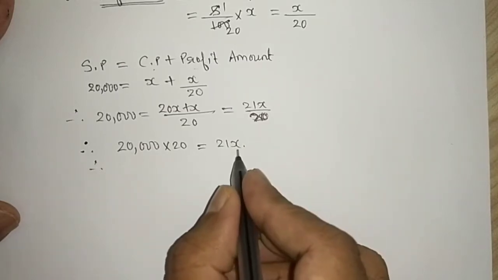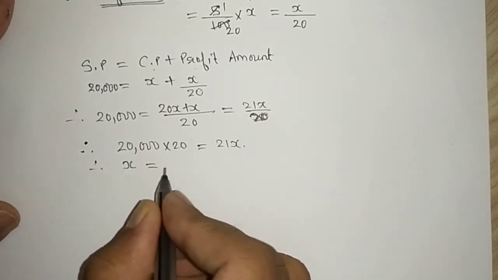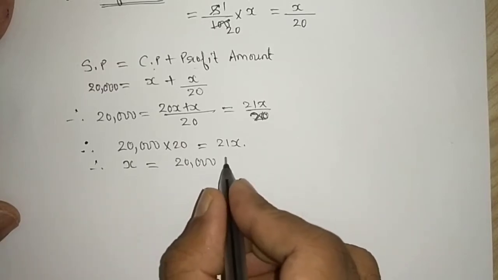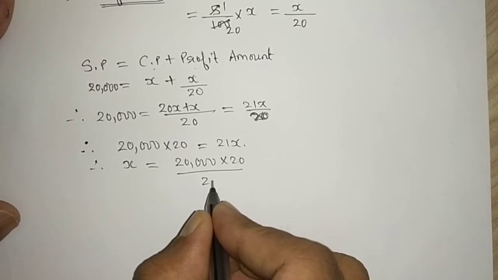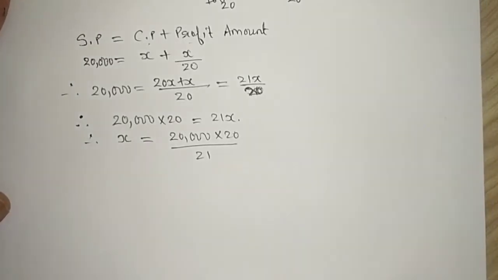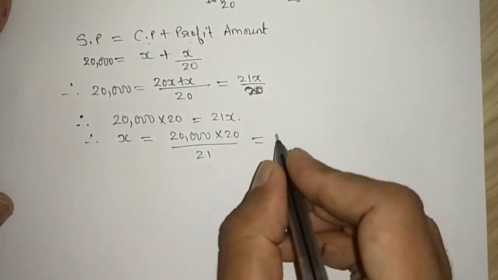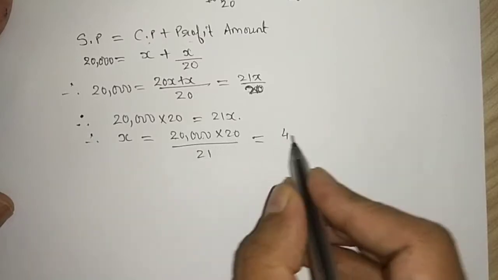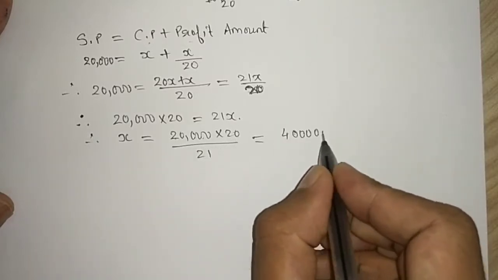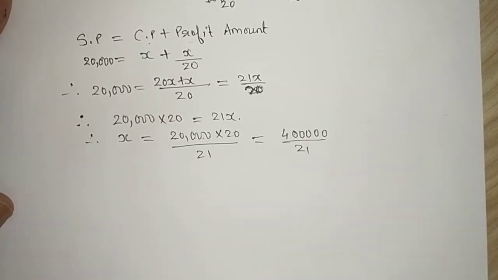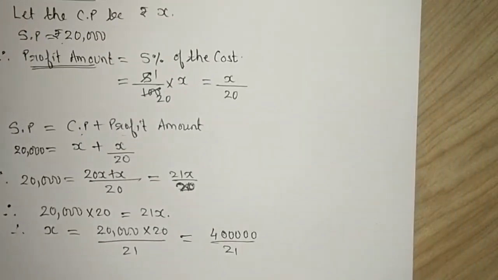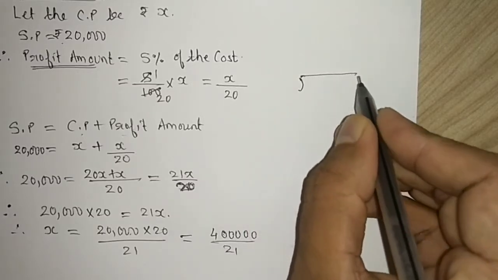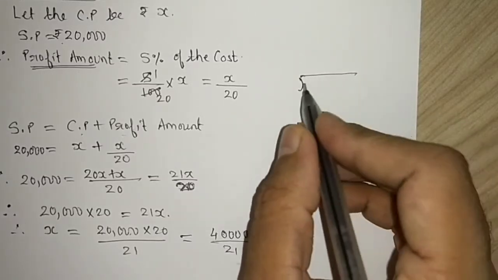Since we have to find x, we will keep x as it is and bring the 21 to this side, so it will be divided. On solving it further, we will get 2 twos are 4, and 4 plus 1, 5 zeros, 1 2 3 4 and 5 zeros, divided by 21. Now dividing this, we will get our cost price.